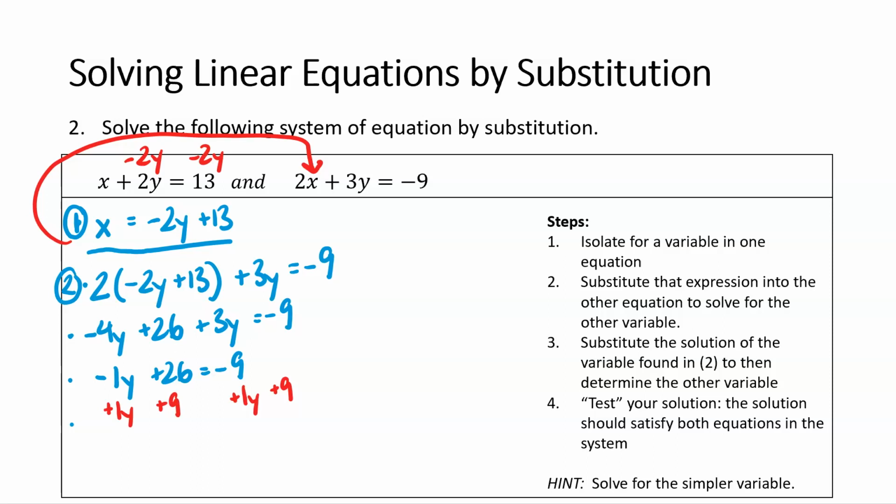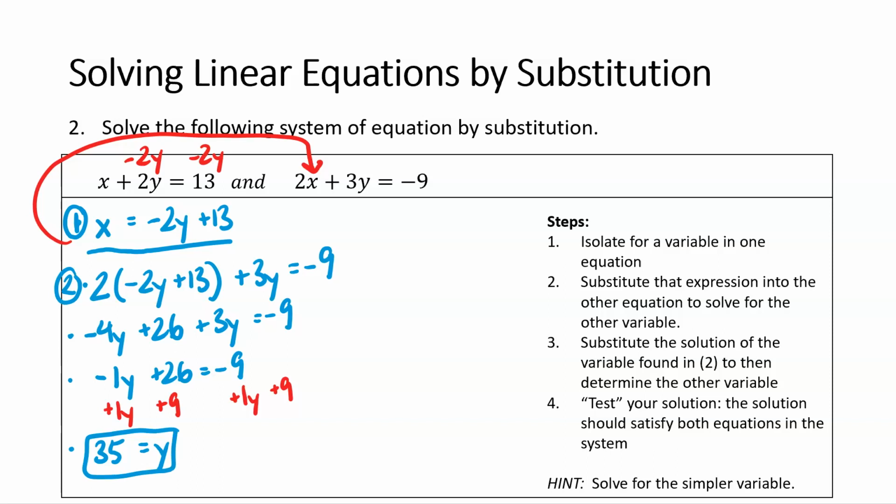So what that'll do is y goes away on the left side. 26 plus 9 is 35. And then on the other side, negative 9 plus 9, that goes away, and you're left with y. So you've solved for y.